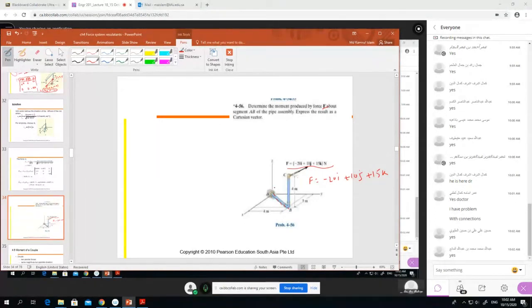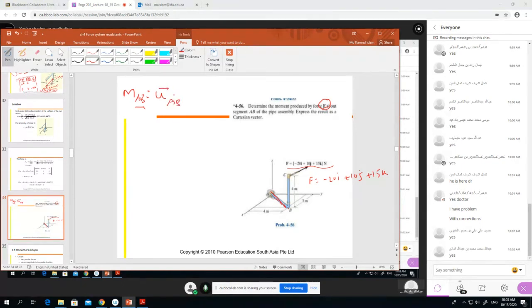With respect to AB of the pipe, express the result as a Cartesian vector. It is the same thing we did last time. They want the moment about AB. So the moment about AB is first the moment of the force, and then in the direction AB we multiply by the unit vector along AB.